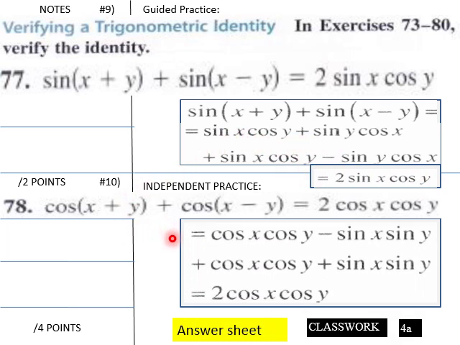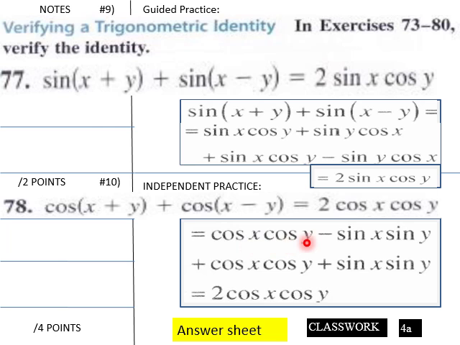And then down here, cosine of x plus y plus cosine of x minus y. Again, you have the same situation where factors cancel each other out. Cosine x cosine y minus sine x sine y plus cosine x cosine y plus sine x sine y.